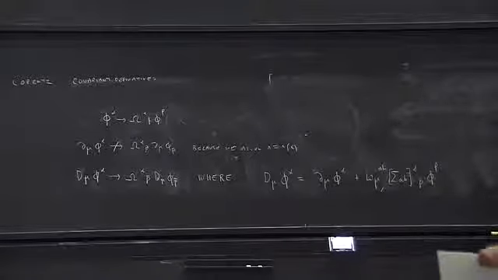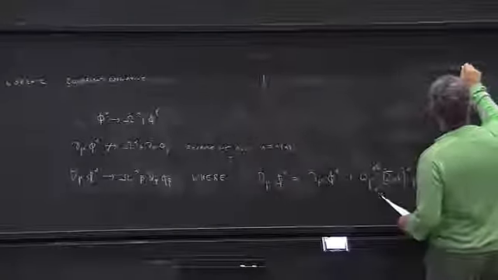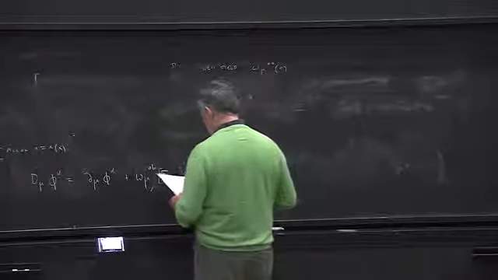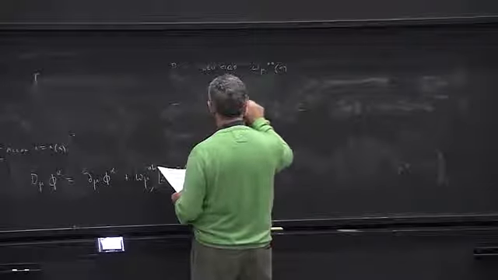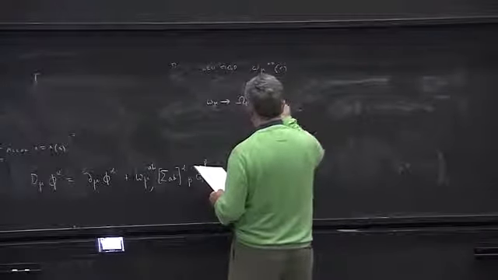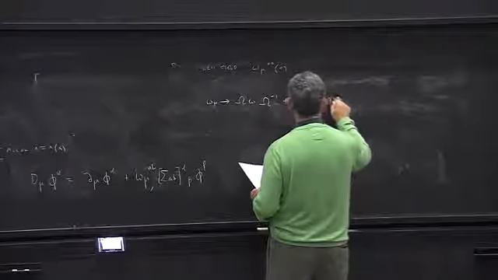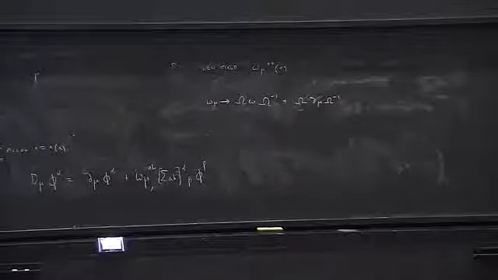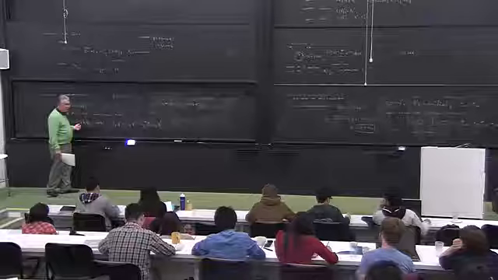Now we've got a new field, omega mu AB, and in matrix language, omega has to transform like this, when phi transforms like this, so that the combination d mu plus omega mu transforms like this.